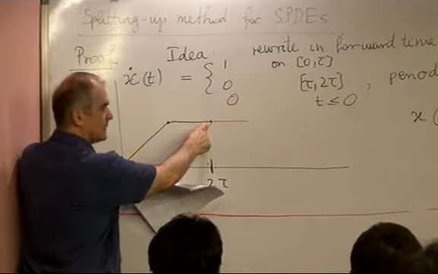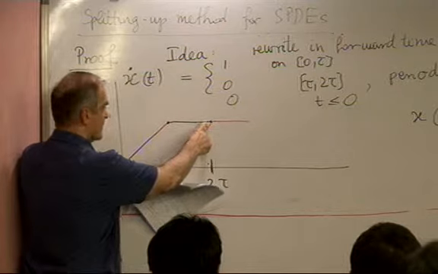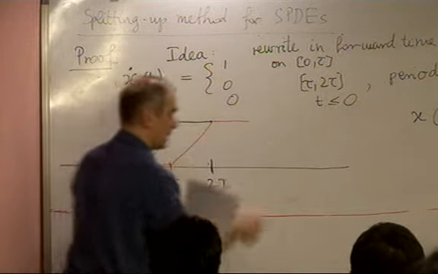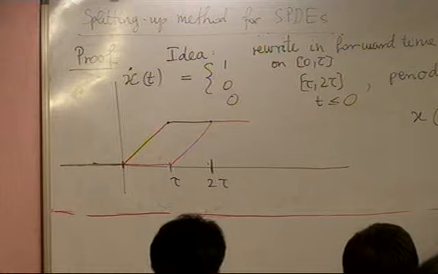Then we stop solving the first equation, and then we solve the other one. How to write this down?